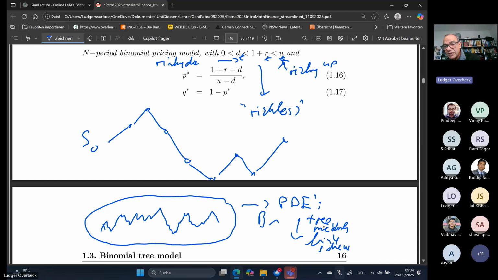And tree models are another way to solve PDEs, but then you don't need these arbitrage arguments. So this lecture is more or less a theory-free introduction to Brownian motions, if you like. What we will see later.